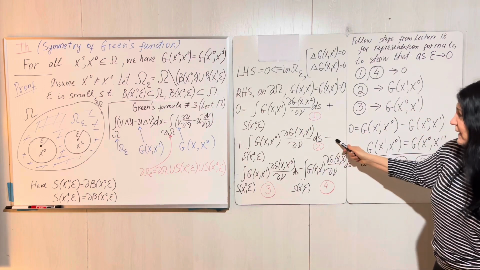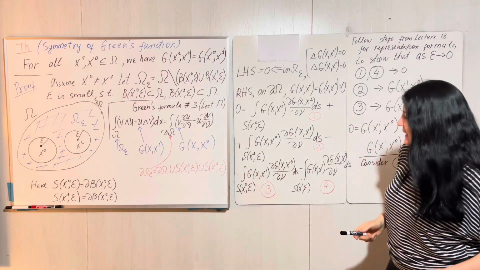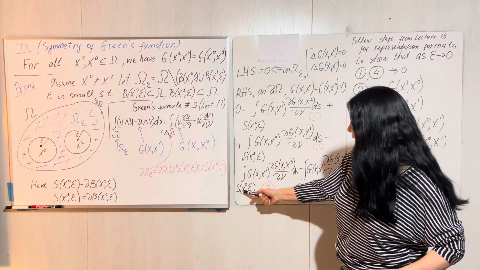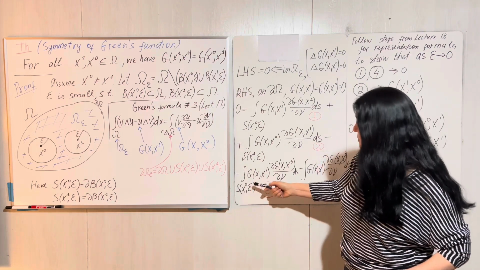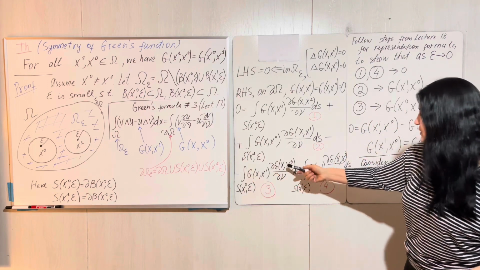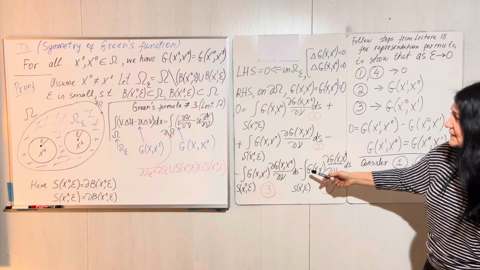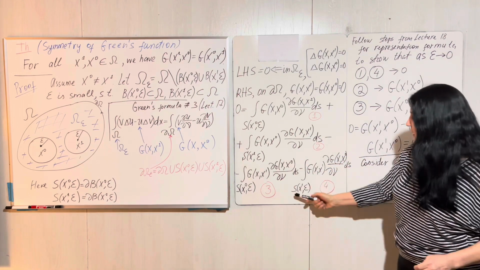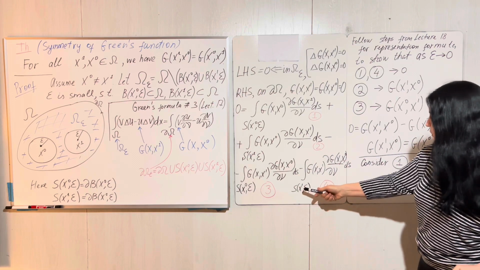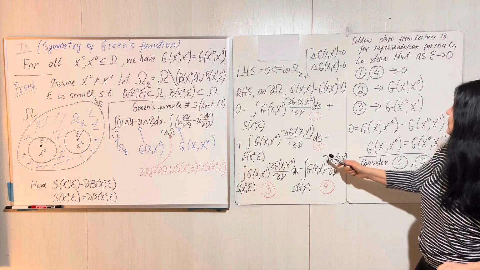And then minus this term: first integrated over the sphere centered at x0, it would be g x, x1 times dg x, x0 over dn ds, and minus the second integral over the sphere centered at x1, with exactly the same term.